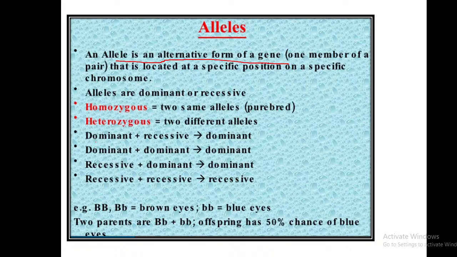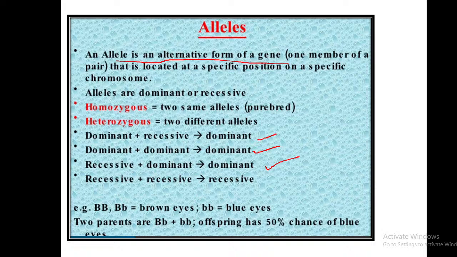Then usually in inheritance, a dominant crossed with a recessive one, the resultant will be dominant. A dominant with a dominant, the trait will be dominant. Recessive plus dominant gives dominance.